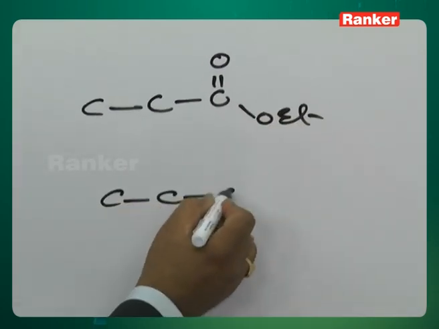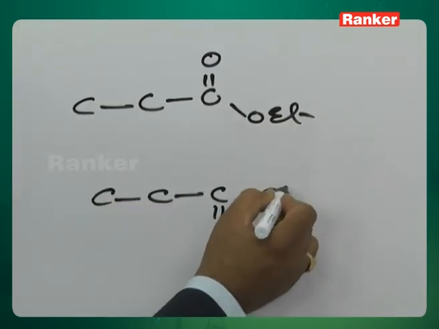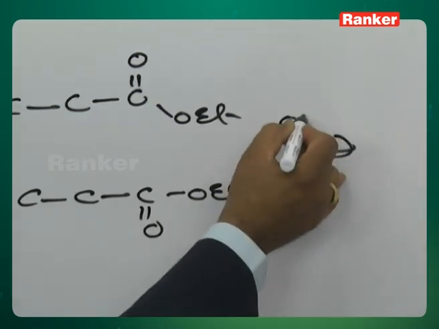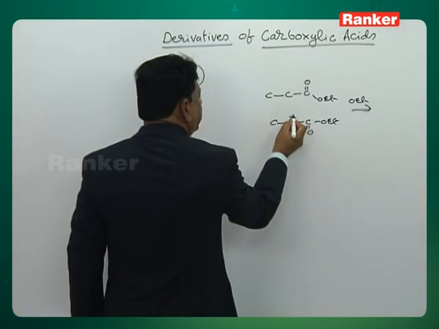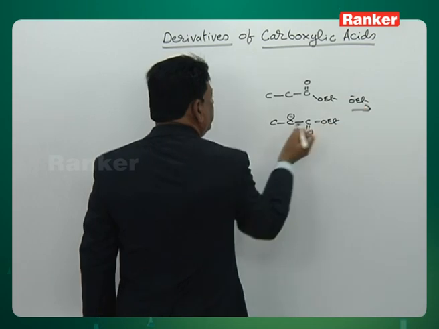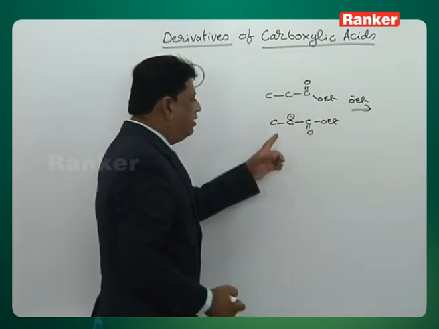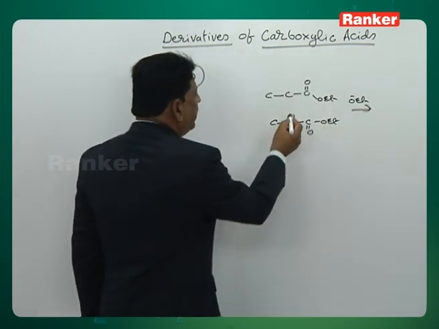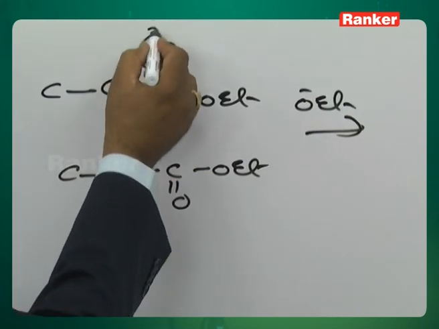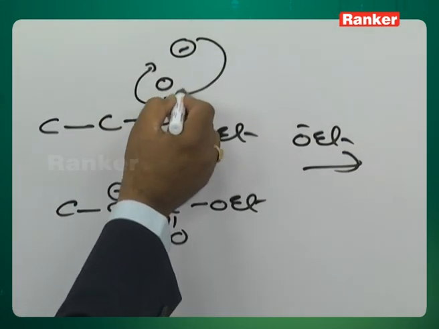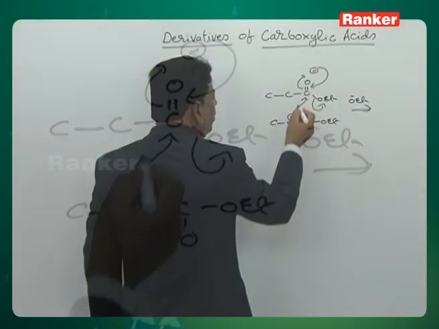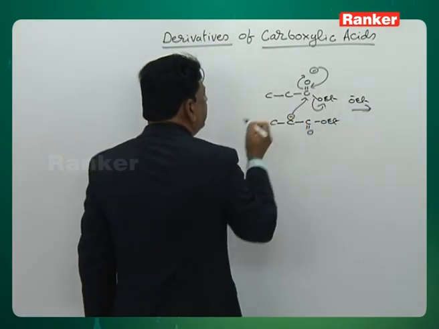If I take two propanoic acid esters and treat with OEt, one ethoxy group takes away the alpha proton of the ester, and you will get a carbanion. This will attack here. Once the O minus is formed, when O minus comes back, OEt will go, and a ring closure will take place here.